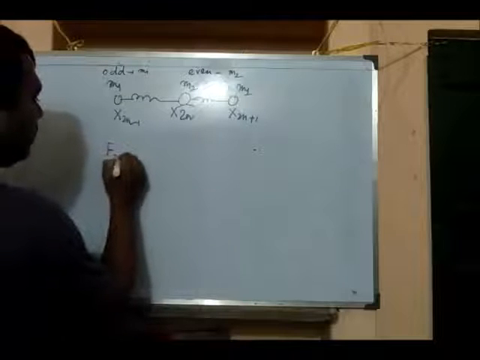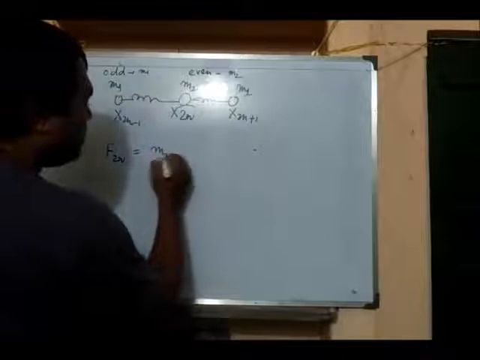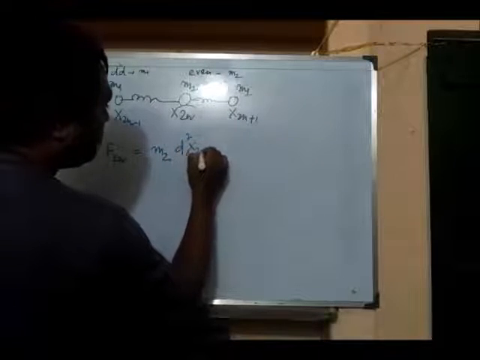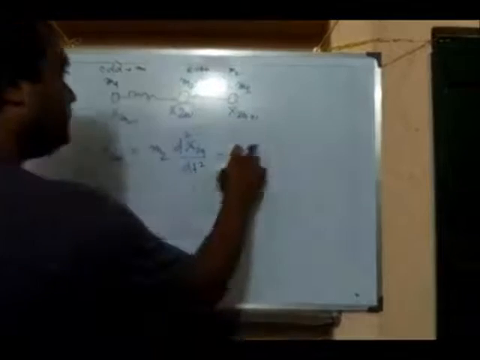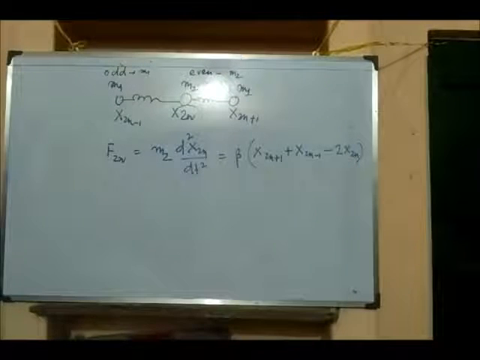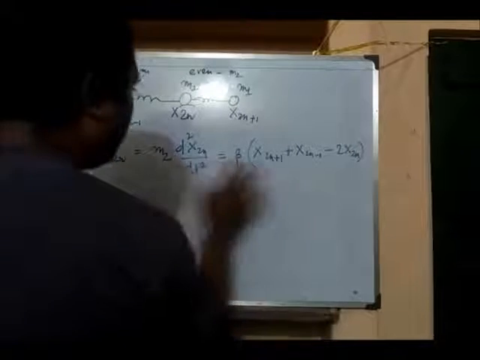that is, the force on the 2nth atom having mass m2. This is basically m2 d squared x_{2n} by dt squared, which will be beta times (x_{2n+1} plus x_{2n-1} minus 2x_{2n}). So these are basically the two equations.